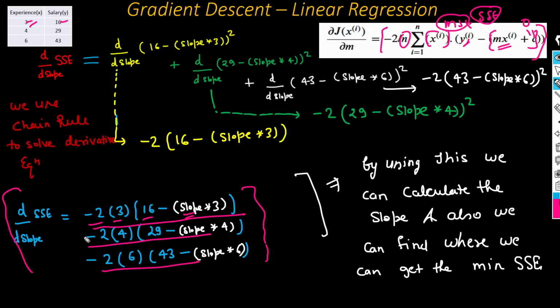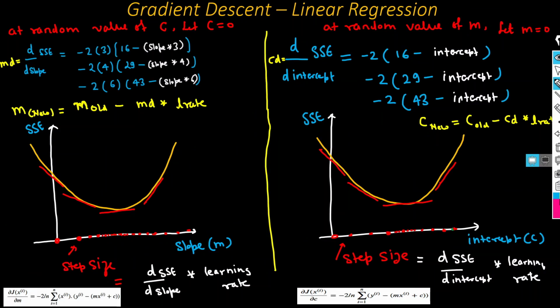So this we will use to calculate the value of slope, or we can say this particular curve slope. Let's see how we can do that. If you see here, this equation I use to find the slope with respect to m, right?